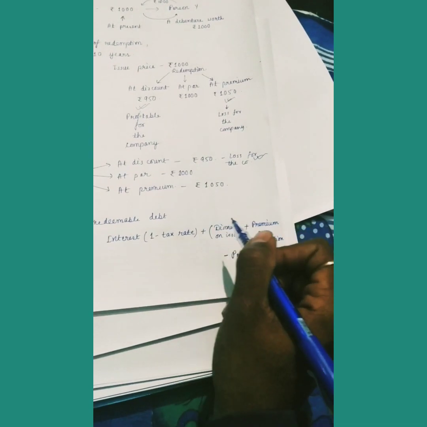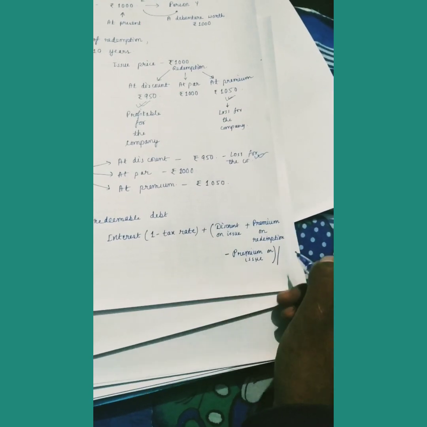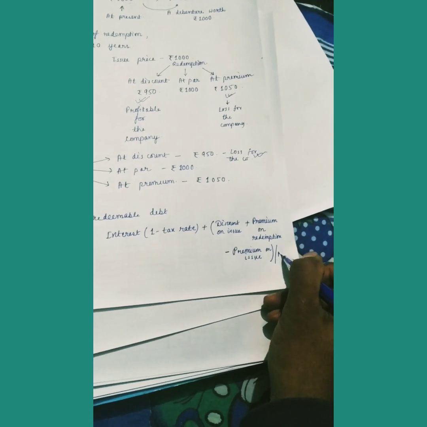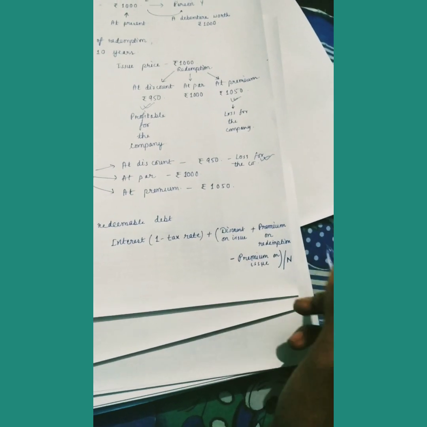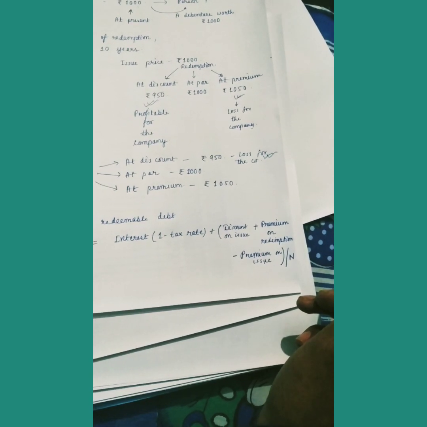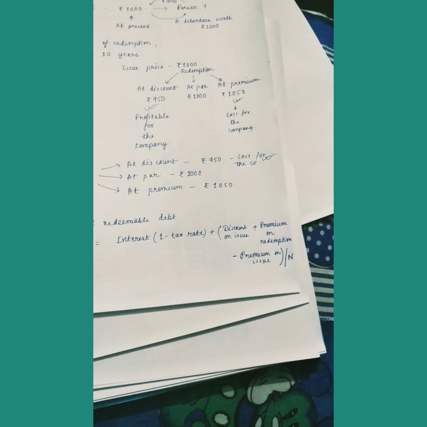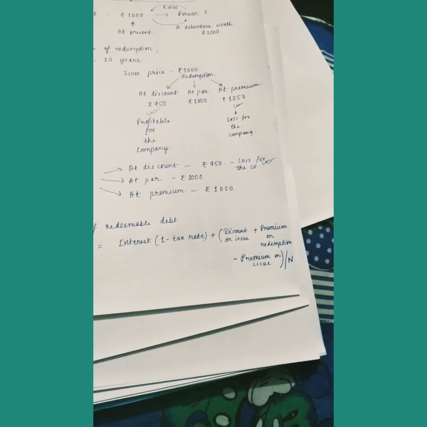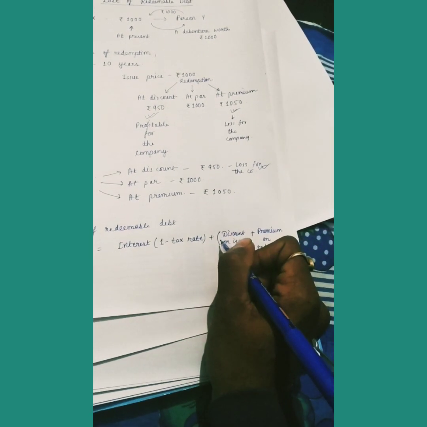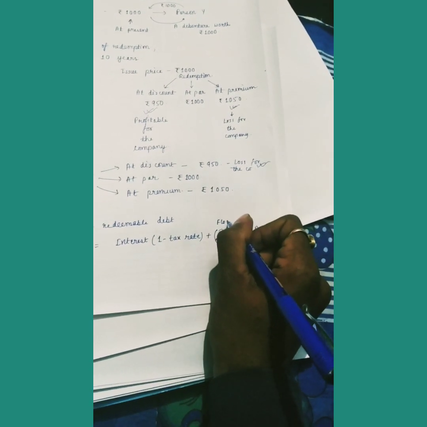So we will divide this by n. Fine. Also we have to include one more thing. There may be cases when there is a flotation cost, meaning cost incurred on the agent commission or any other thing, so we have to add flotation cost.